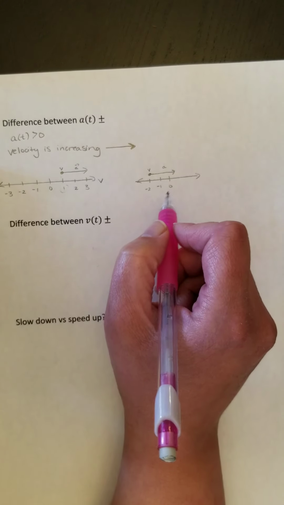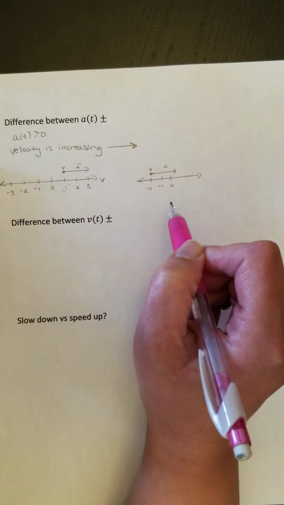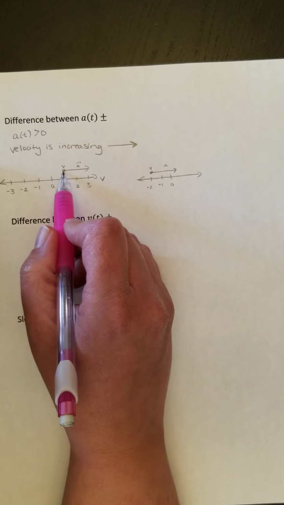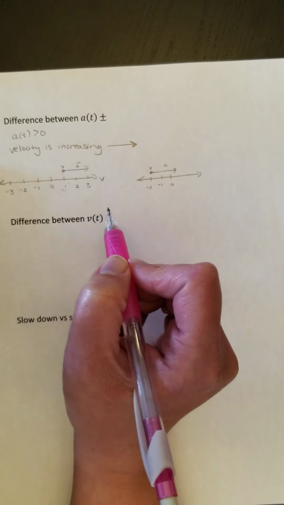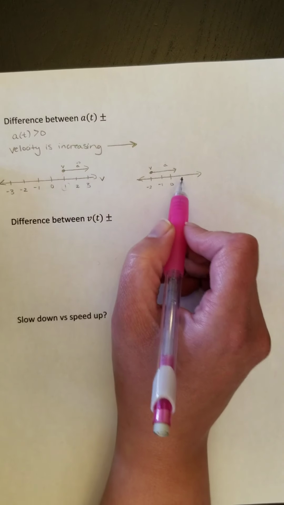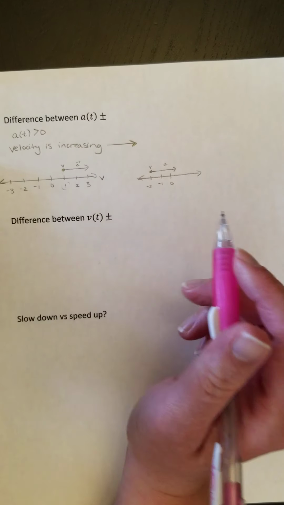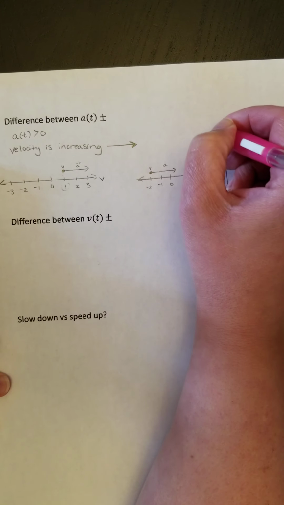So this is a description of what positive acceleration, pardon me, means in terms of when velocity is in a positive position or in a negative position. You can also think of that as a table.